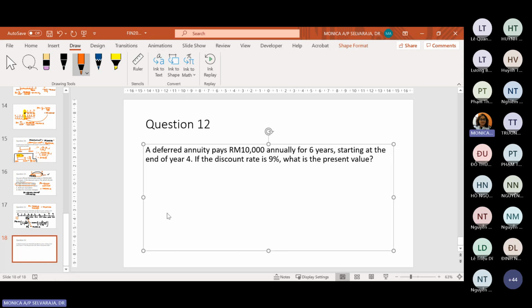Okay, can you read the question for me? A deferred annuity pays 10,000 annually for 6 years starting at the end of year 4. The discount rate is 9%, so what is the present value?